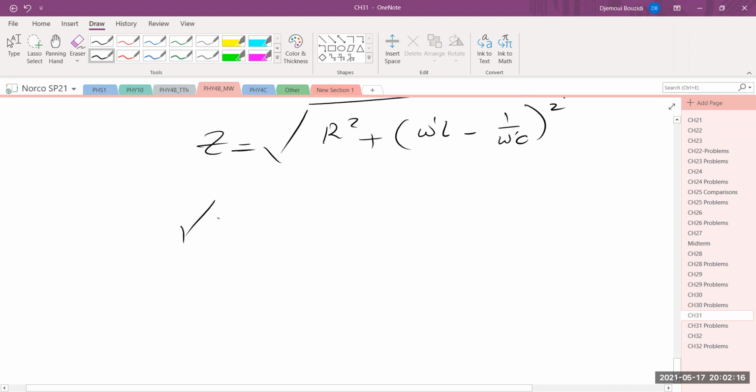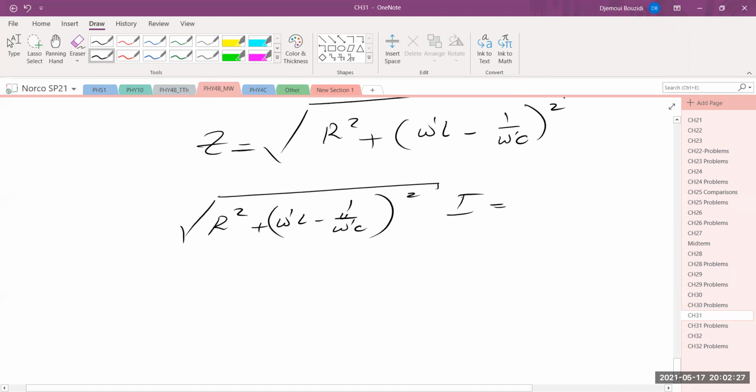So it's going to be the square root of R squared plus omega prime L minus 1 over omega prime C, the whole thing squared, times the current, and this must be equal to the actual voltage across the EMF, okay?